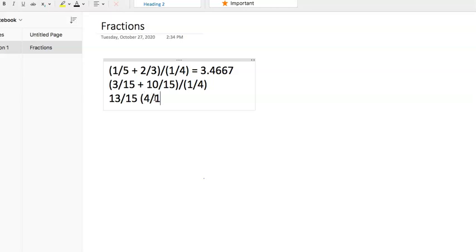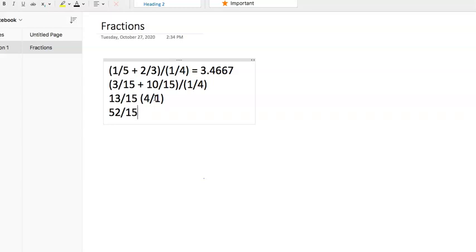We'll call it 4/1 since we're multiplying fractions. If we do that, 13 times 4 is 52, and on the bottom we'll have 15.